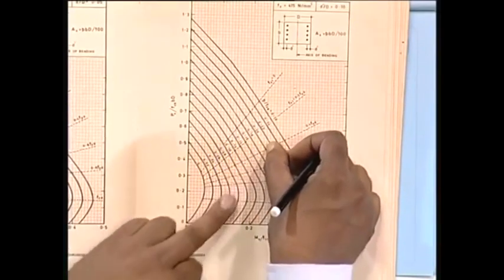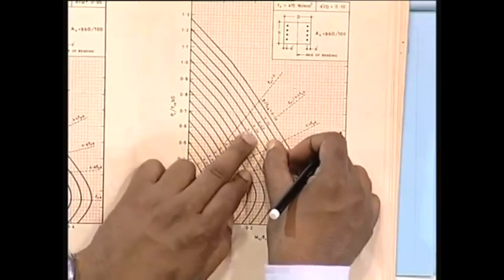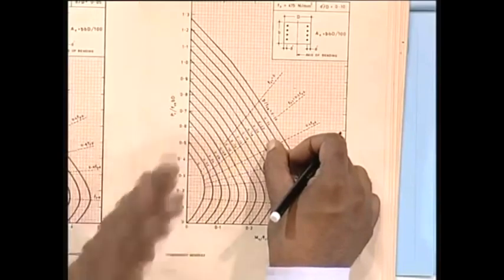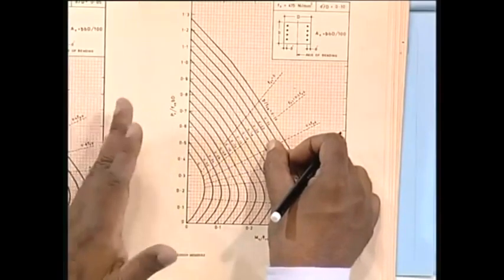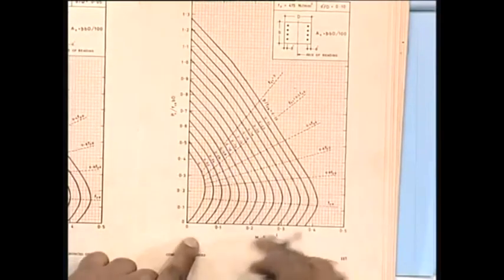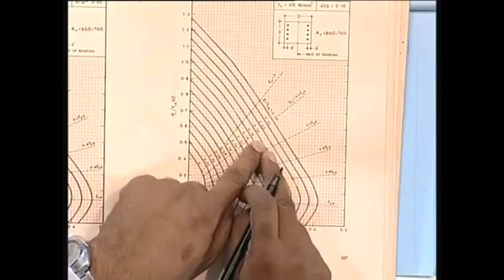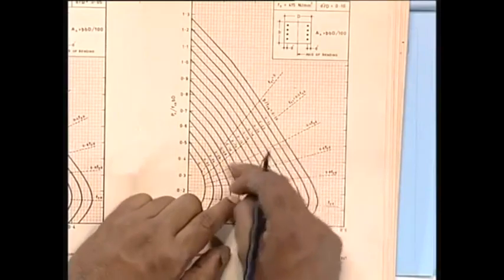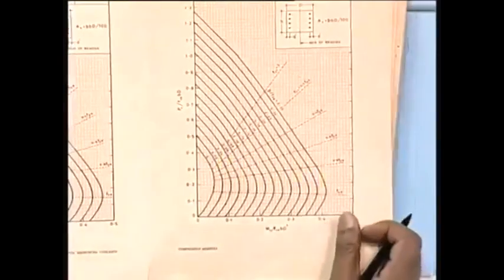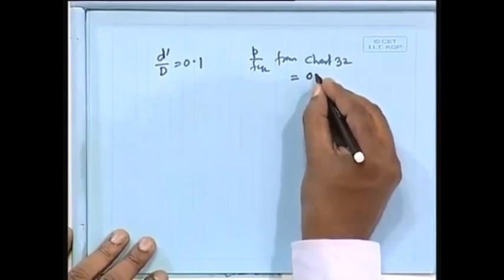Somewhere it comes here, and as per my estimation it comes between 0.2 and 0.22. Please just refer to this one because it may be difficult, but only to tell you that chart 32, and you have to find out pu by fck bd in this direction, mu by fck bd square in this direction. If you just get a point, you will get that p by fck. If it comes in between, then from the estimation you find out what the value is. So I have got it here, p by fck equal to 0.218.